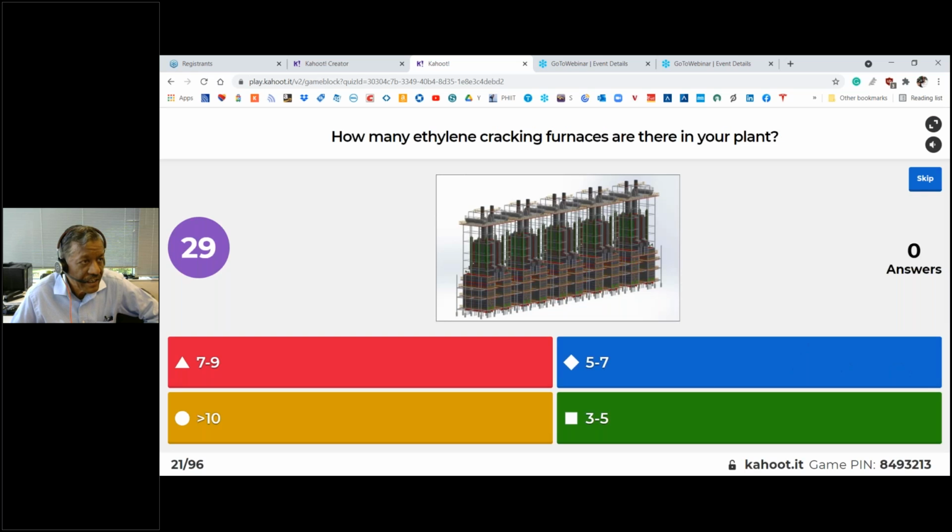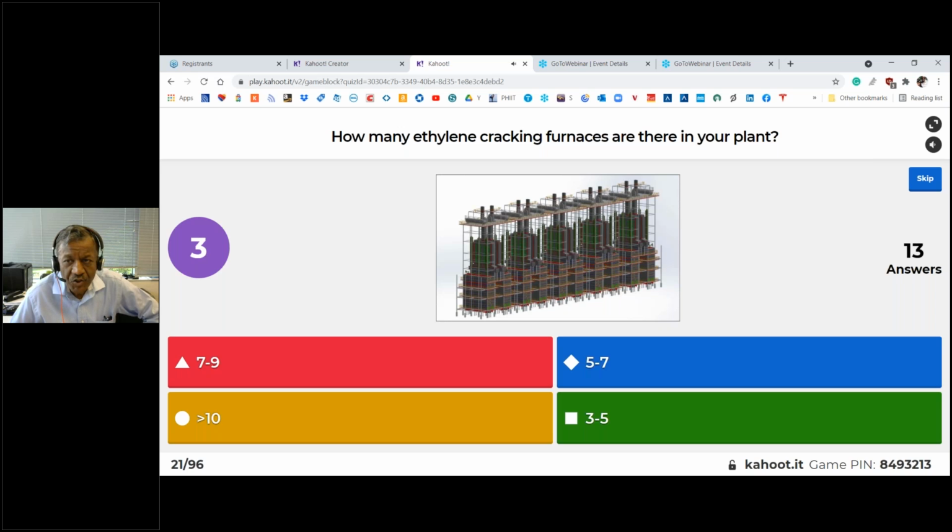So generally, plants will have multiple cracking furnaces, and that is because of variation in feed and variation in run length. So just want to get a feedback as to how many furnaces are there in your plant.